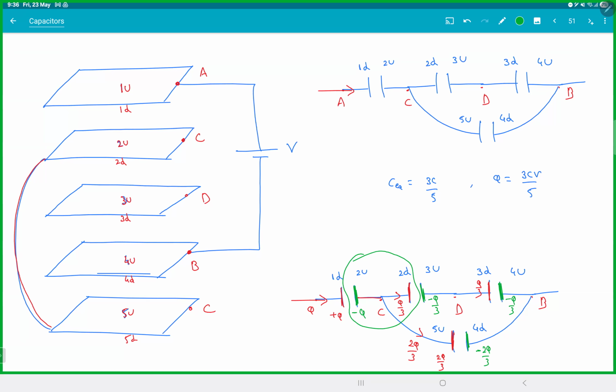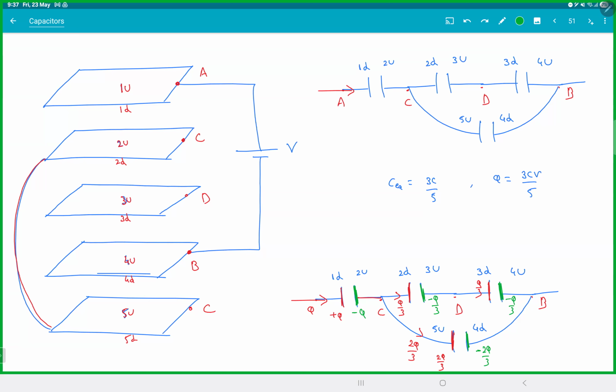If I ask you to find the charge on the fourth plate, then I have to do 4U and 4D. Is this making sense? That would be a pretty good question. Find the charge on the second plate, and most people won't understand what you mean by second plate. You have to take 2U and 2D ka charge, and they both are not equal and opposite. This is how you construct this if I ask you the charge on each face.